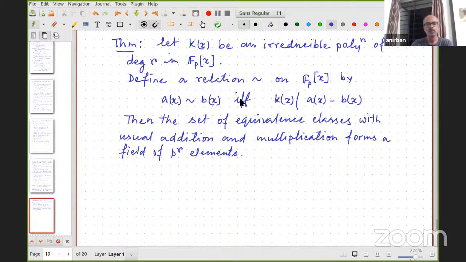Other things are of course completely trivial. The only slightly non-trivial thing is to check that non-zero polynomials have inverses, and that's easy because of the validity of the Euclidean division algorithm. Then it's exactly the same as in the case of integers.